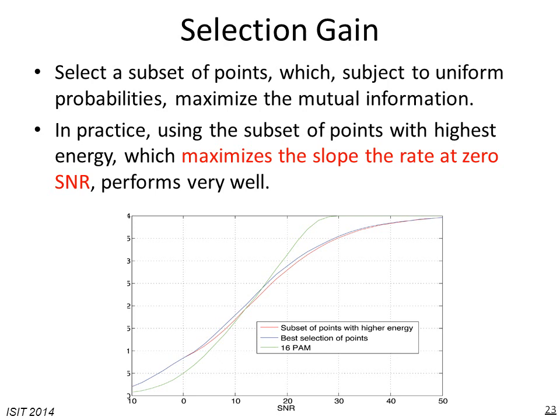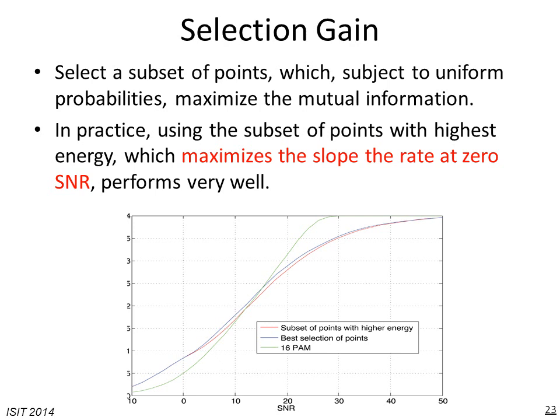Consequently, in that red curve, we select constellation points that have the highest energy and decide how many it is to our advantage to keep. So you see that the red curve does not deviate a lot from the blue one, which is the optimum.